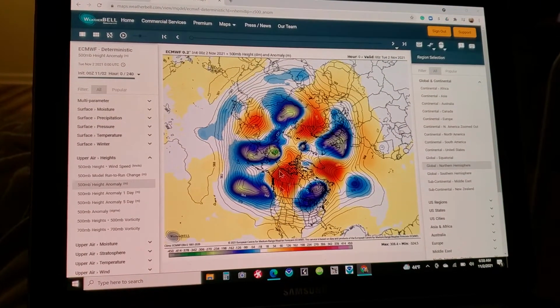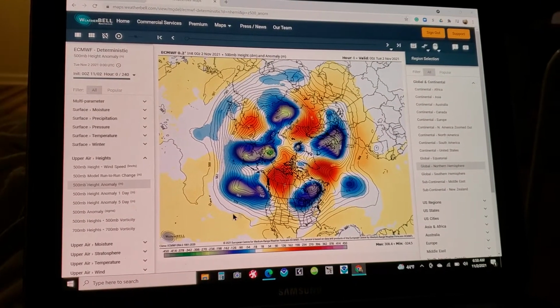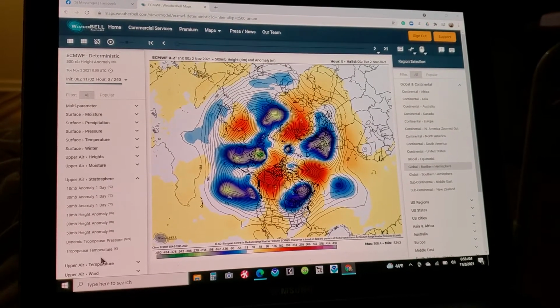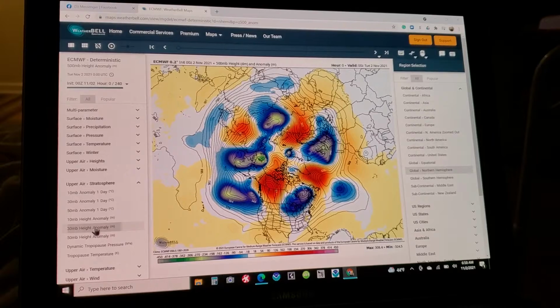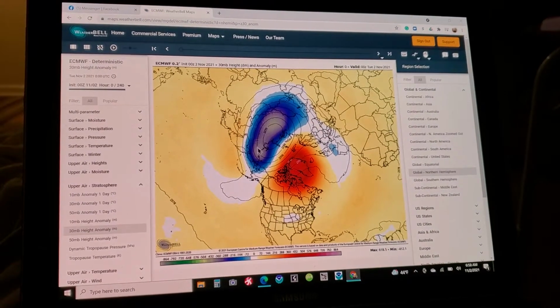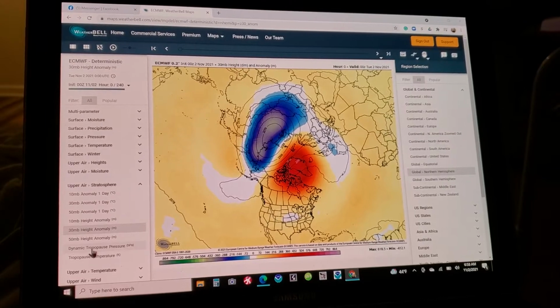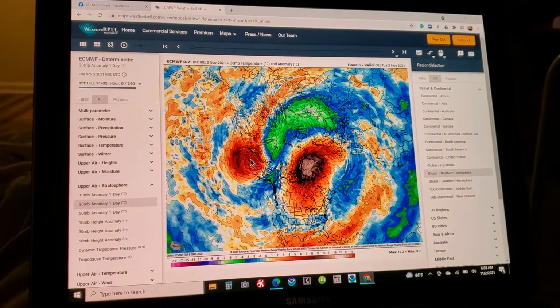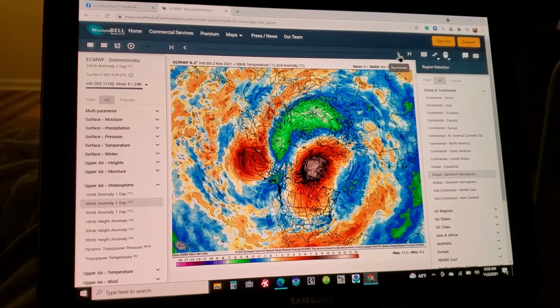So you can see the ridging here and the trough here. If you look at the Strat, like the orientation here, you got the warming going on here.